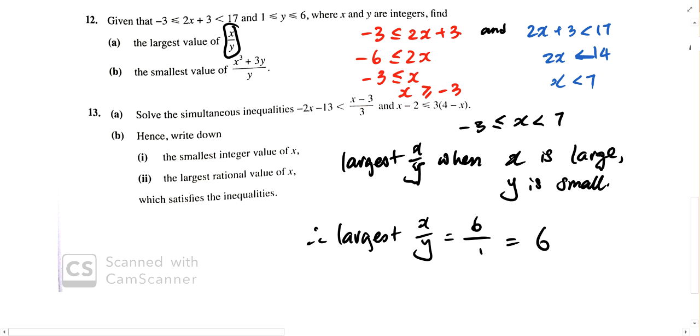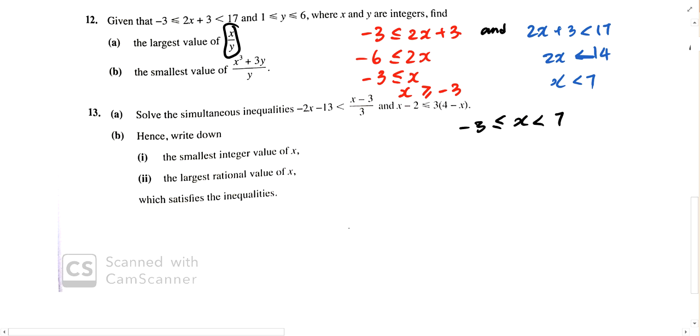Now in part B, we require x cubed plus 3y divided by y. As far as possible, it should give us a negative answer. Okay, so for part B, as far as possible, I want a negative answer.